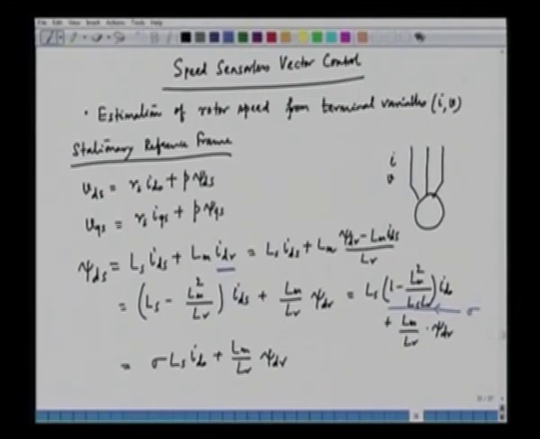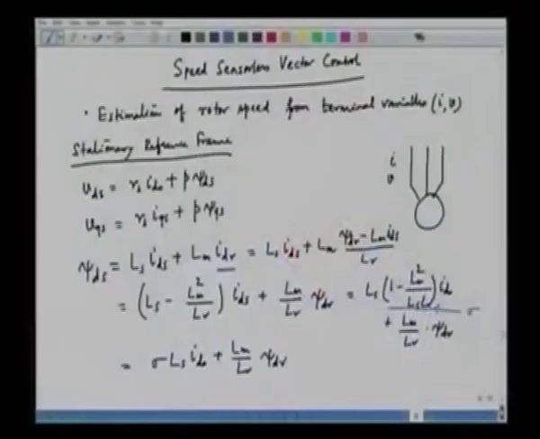If the leakage inductance is 0 or the coupling is tight between the stator and the rotor, the leakage factor will be 0, which is of course hypothetical. There is always some leakage inductance. The sigma is a small value, it is called the leakage factor.